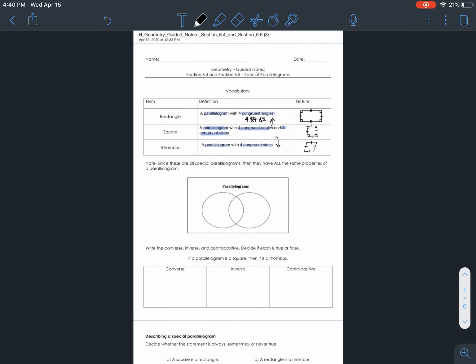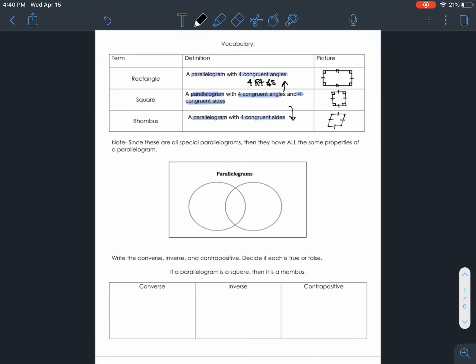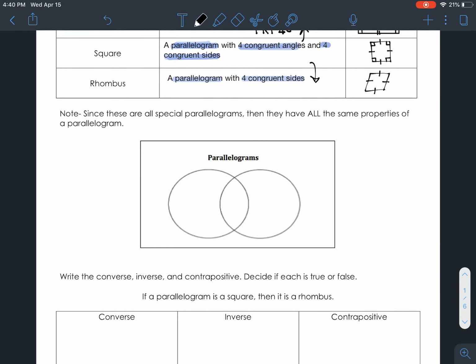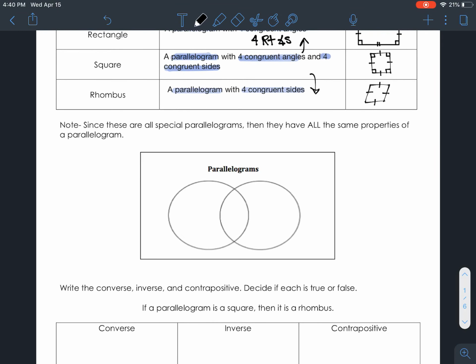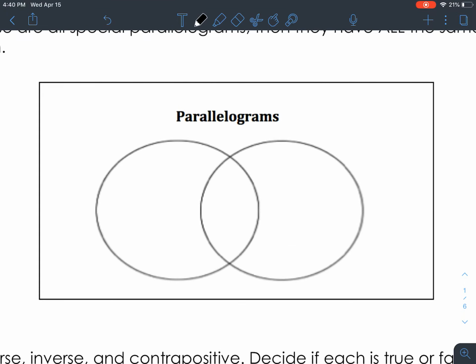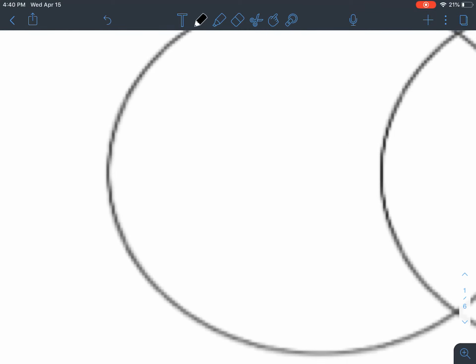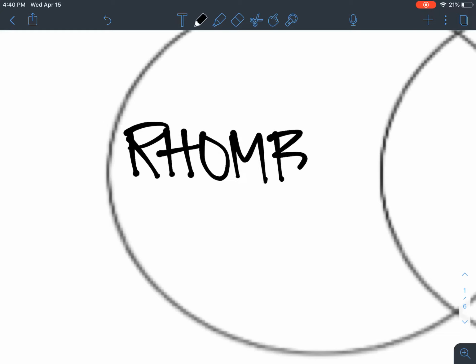Okay, so we aren't going to go through all of these. Let's talk about the Venn diagram. Within this Venn diagram, we're talking about parallelograms. On one side of these special parallelograms, we're going to have rhombi, which is the plural for rhombus.